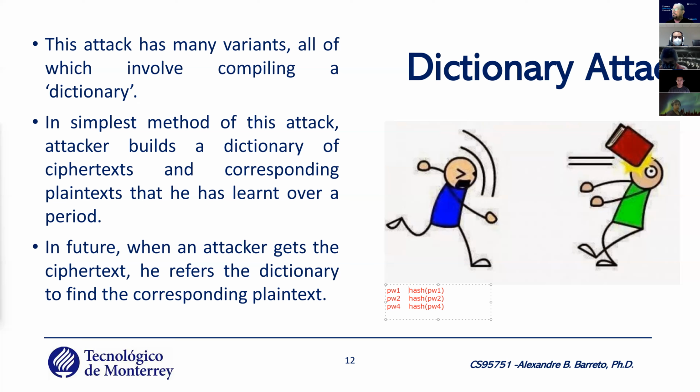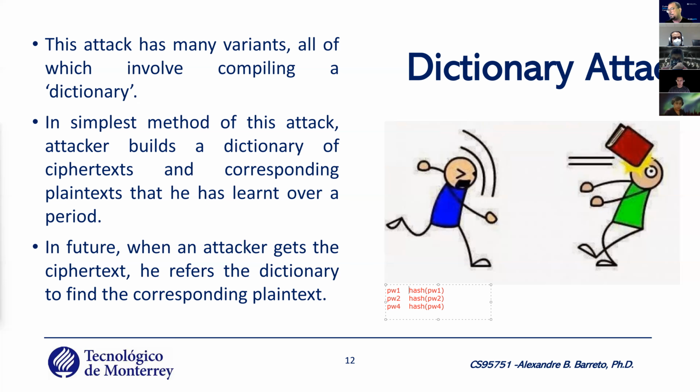And again, maybe with the hash you have part of the password. You only need to discover the rest. For example, if the hash value has 8 bits, and maybe you have 4 bits, you only need to discover the remaining 4 bits. That is one example of the dictionary attack.